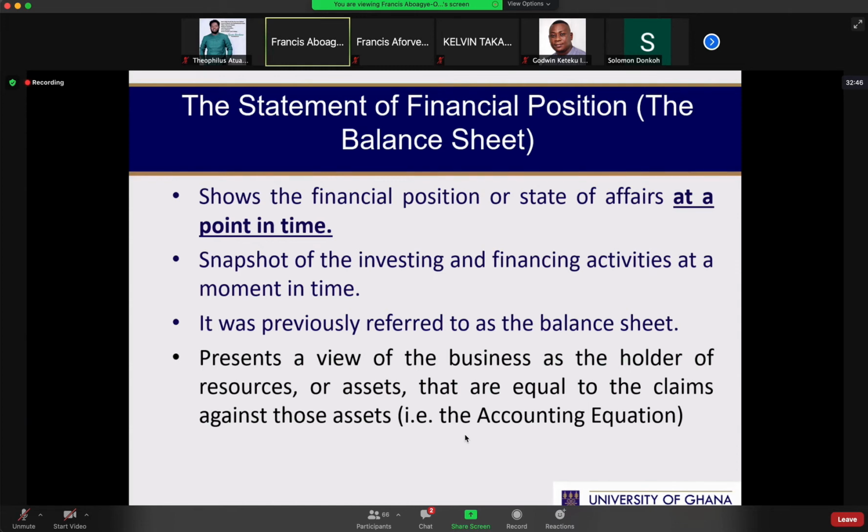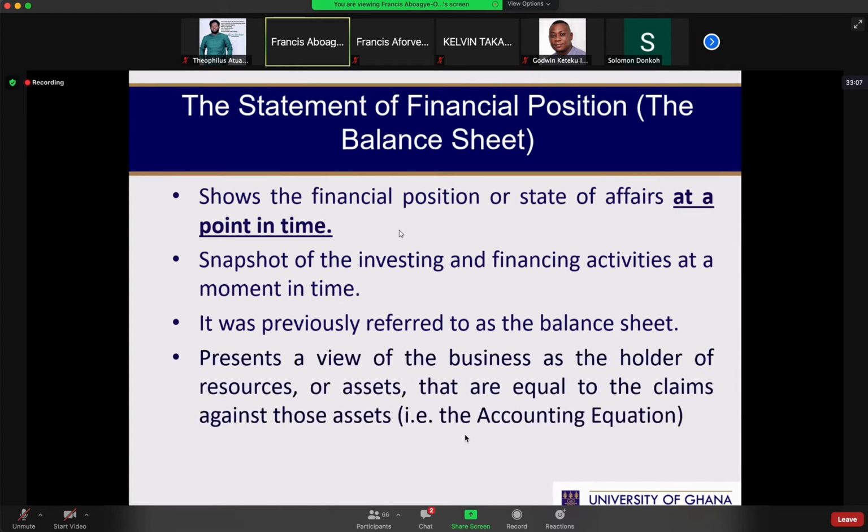So typically, the statement of financial position will show the assets, will show the liabilities, and will show shareholders' equity.